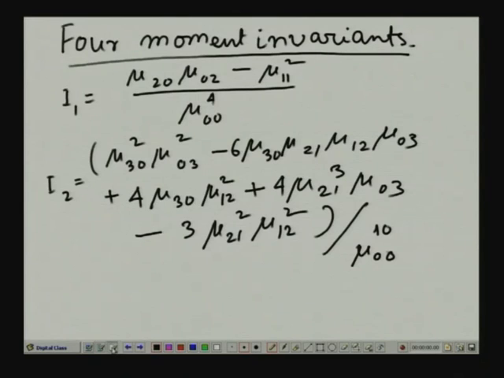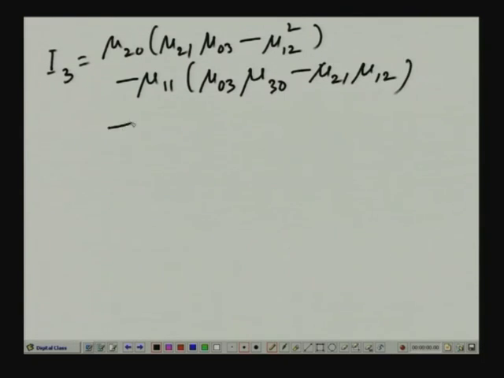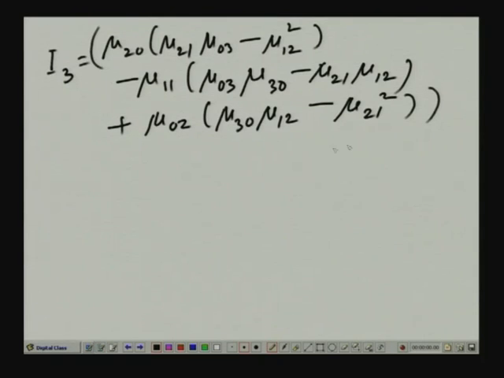The third invariant is given by I 3 equal to mu 2 0 into mu 2 1 mu 0 3 minus mu 1 2 square, minus mu 1 1 into mu 0 3 into mu 3 0 minus mu 2 1 into mu 1 2, plus mu 0 2 into mu 3 0 into mu 1 2 minus mu 2 1 square, this whole thing divided by mu 0 0 to the power 7.